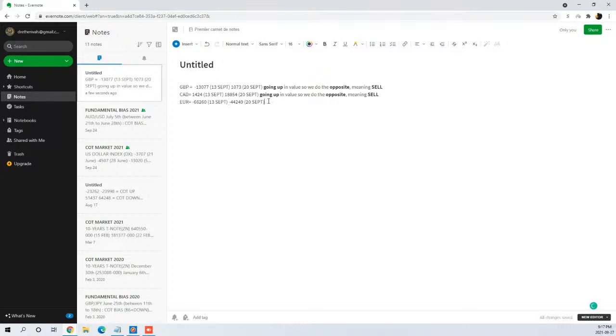If we look at the data specifically, this is minus 66,260 and that is minus 44,249. Same thing. This price is bigger than this price. It's smaller than this price because it's a negative, right? So it's going down. This is going up in value, so we do the opposite. We're selling the euro.